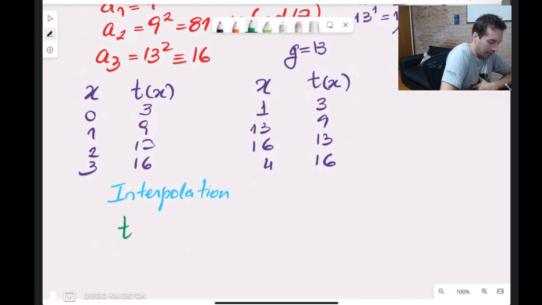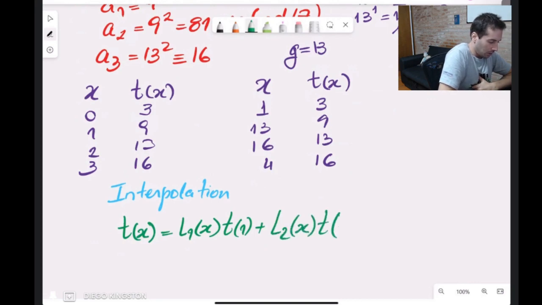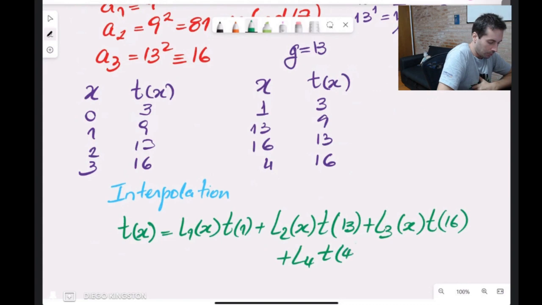So we'll say that t of x is L1 of x times t of 1, plus L2 of x times t of 13, plus L3 of x times t of 16, plus L4 times t of 4.